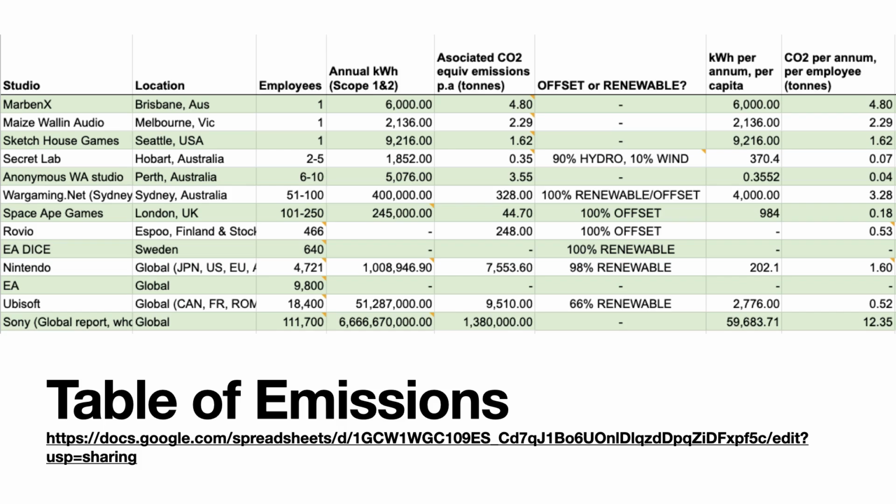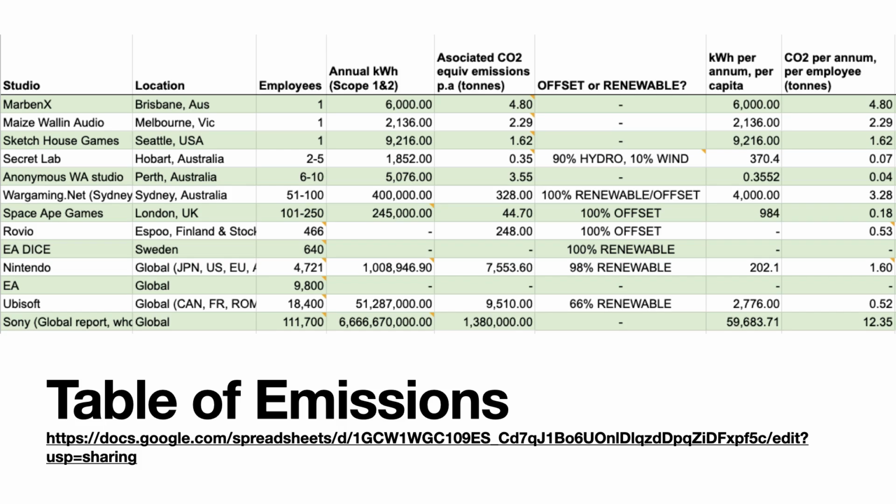The next column is about what information we have about whether there's any renewable mix in their use. And interestingly enough, a lot of the companies reported themselves that they are already offsetting.